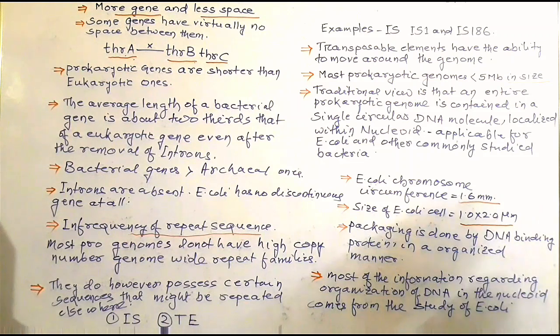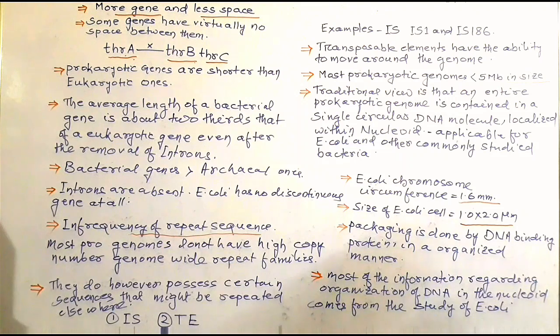This indicates that the E. coli chromosome, which is a single circular double-stranded DNA molecule, is squeezed into a tiny space within the E. coli cell with the help of specific DNA binding proteins.